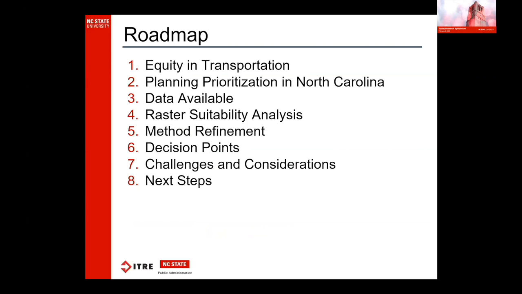We'll talk about the data available related to that, and then discuss raster suitability analysis, a method that we originally wanted to incorporate. We'll also talk about what our method refinement looked like as we started to dig into the actual research, some of the decision points, challenges, and considerations, and then what we're going to do going forward with the project.